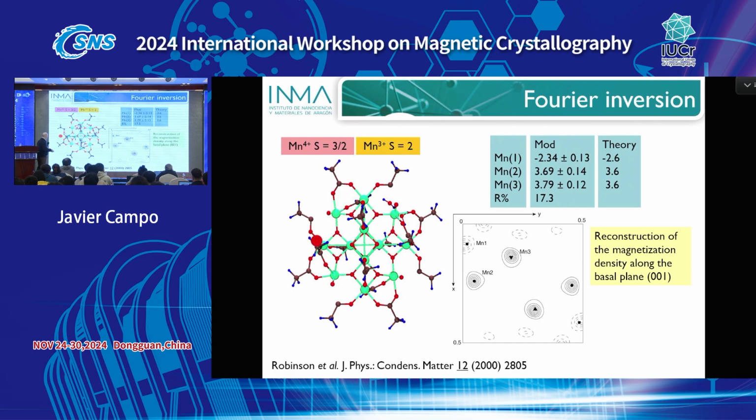That means that this molecule is a kind of ferrimagnetic molecule. It is not ordered, but the spin density in M1 points in the opposite direction to the spin density at M2 and M3. Here is M1, M2, and M3. And the data are very consistent with the theory.